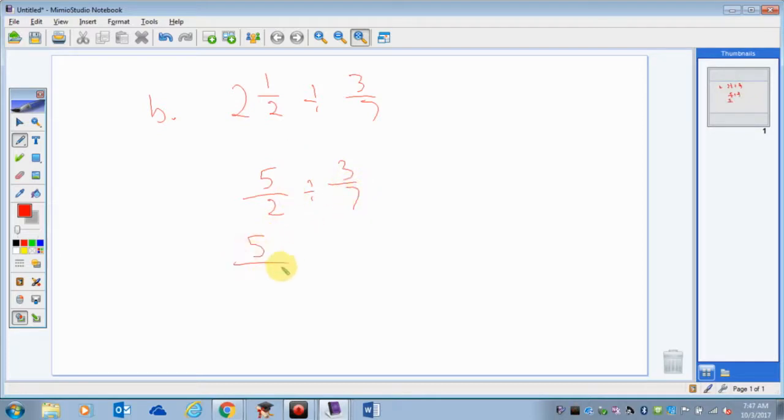Now I can rewrite it as a multiplication problem. I change this to multiplication, flip this to its reciprocal, which is 7 over 3. There is no cross reduction that can be done here. 5 times 7 is 35. 2 times 3 is 6. 6 will go into 35 5 times with 5 left over 6.